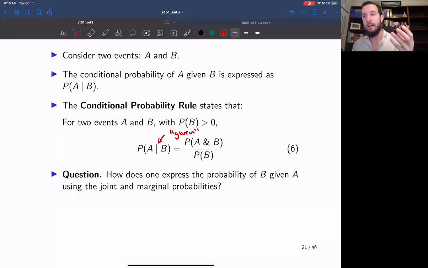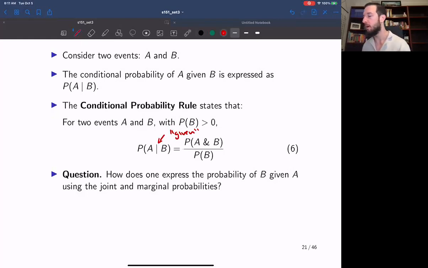So what we are asking is, if you know that event B must take place, what is the probability that you observe event A within the space of event B? Effectively, the conditional probability is a restriction that's placed on the sample space. We're now only considering a portion of the sample space, and then we are enumerating an outcome within that portion.